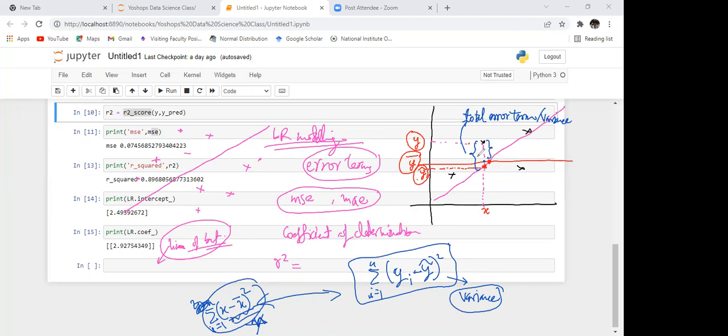So this is the total variance observed in your data set. This is called the unexplained error or the unexplained variance in your data. This one is your explained variance.